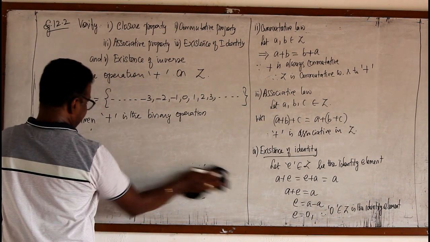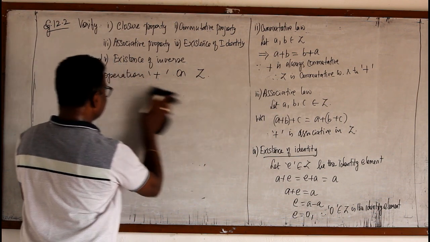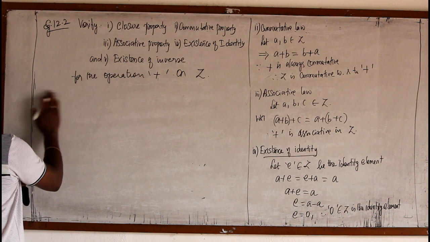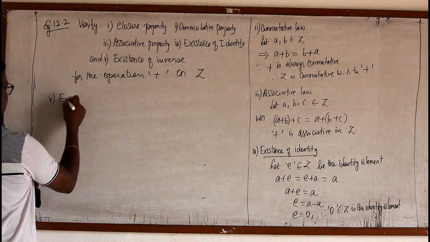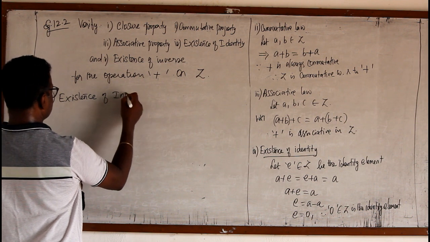Similarly, if it is addition, we know negative numbers is the inverse element. So fifth property I am doing here, the existence of inverse.